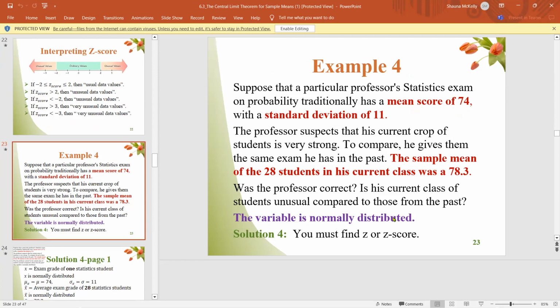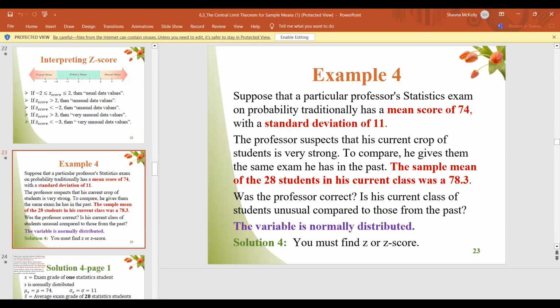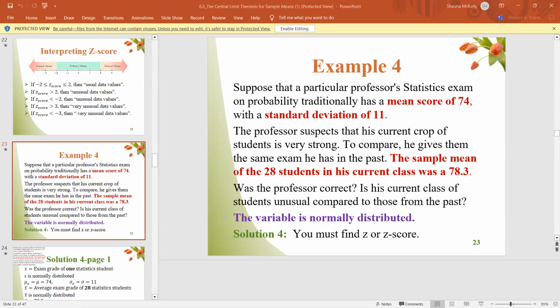Now, compare that to this example. Suppose that a particular professor's statistics exam on probability traditionally has a mean score of 74 with a standard deviation of 11. The professor suspects that his current crop of students is very strong. To compare, he gives them the same exam he has in the past. The sample mean of the 28 students was 78.3. Was the professor correct? So here's the difference.